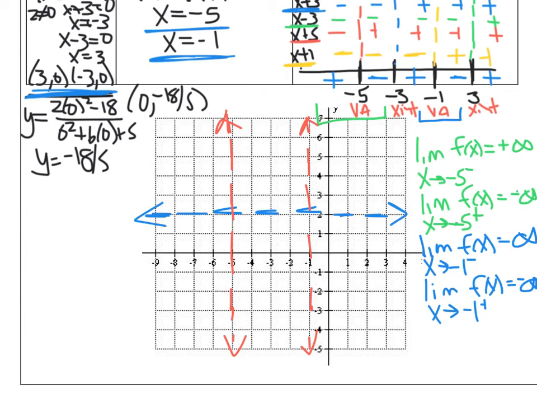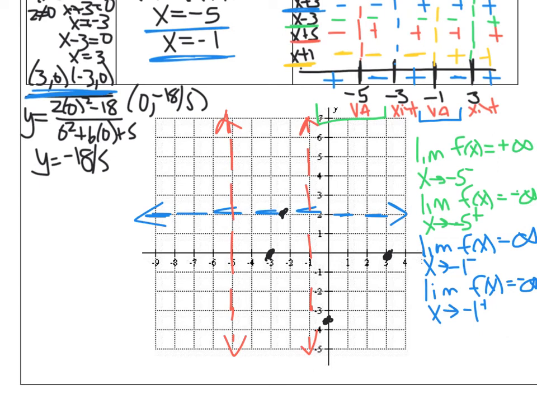We have some x-intercepts, so I have an x-intercept at 3, 0, negative 3, 0. I have a y-intercept at 0, negative 18/5. Negative 18/5 is going to be a little bigger than 3, so we'll go there. And this time I also have that we're going to cross our horizontal asymptote. So we're crossing at negative 7/3, 2. So that would be about there.